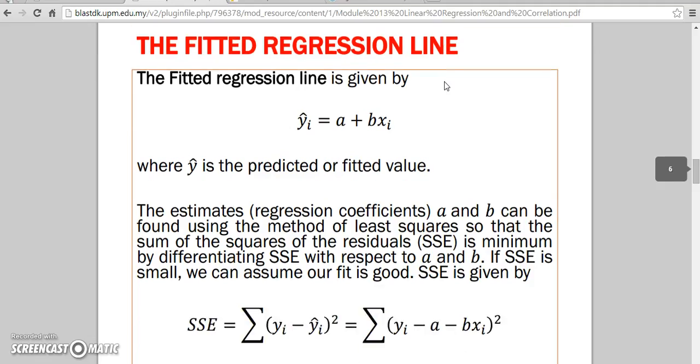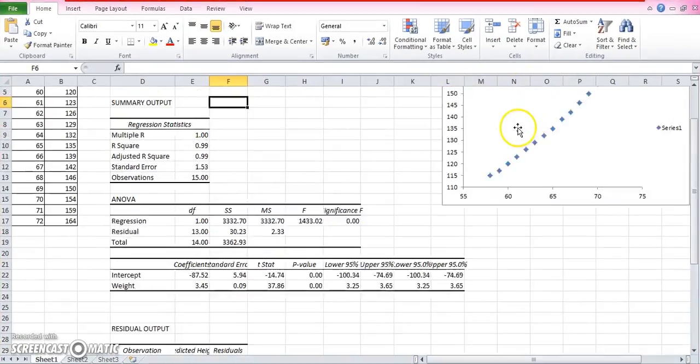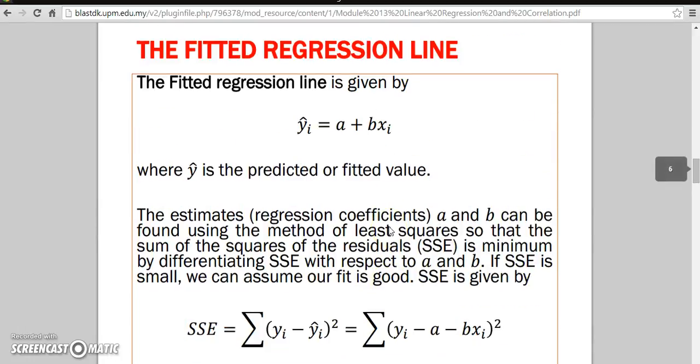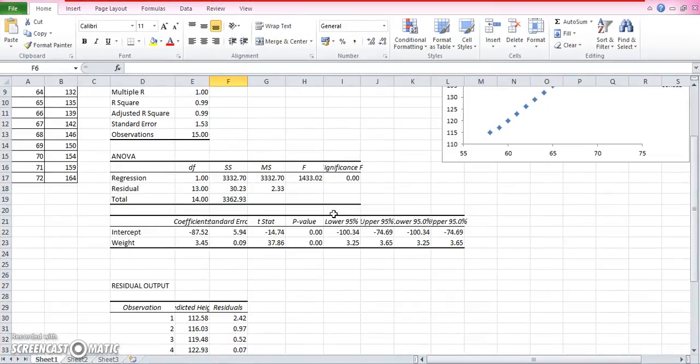From this graph of data, we know that this is linear, so it's easy for us to use this equation, y equals a plus bx. So from this, we know that the intercept is negative 87.52, and the weight coefficient is 3.45.